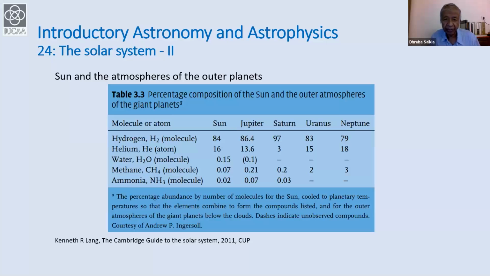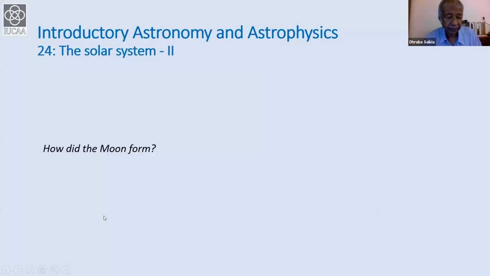And as we saw earlier, under intense pressure it will also occur in liquid form, and it will also be metallic with a lot of free electrons. Whereas in the Sun it will be entirely ionized plasma. Okay, but you can see that these are all pretty high values, right? And so is helium, right? And there are small quantities of methane, ammonia, etc. And in the outer planets, methane would be extremely cold and icy.